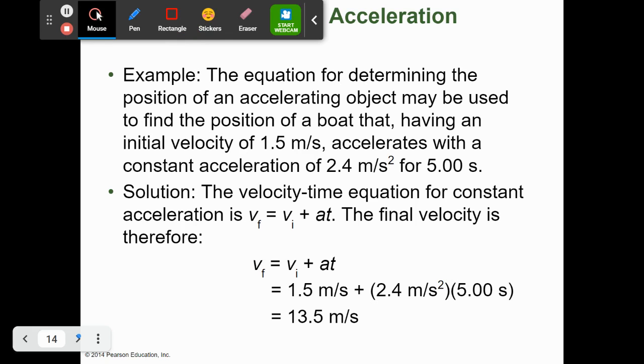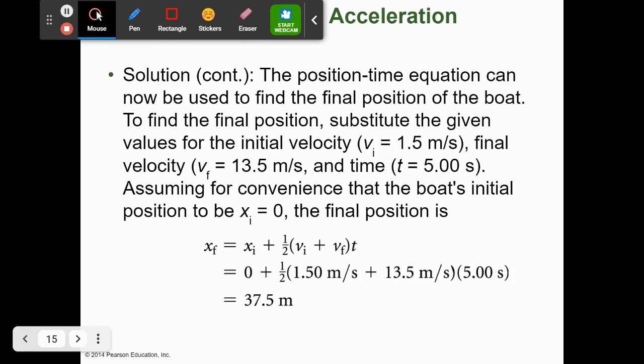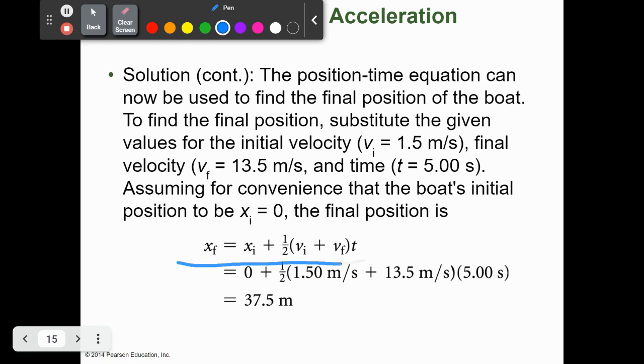Okay. So we still are trying to find position, which is X final, XF, right? In order to find that, we ultimately are going to use this equation, because that's our equation for position: XF equals XI plus 1/2 (VI plus VF) times T. All of this is our average velocity, and we had to use that first equation because they didn't tell us what the final velocity was.